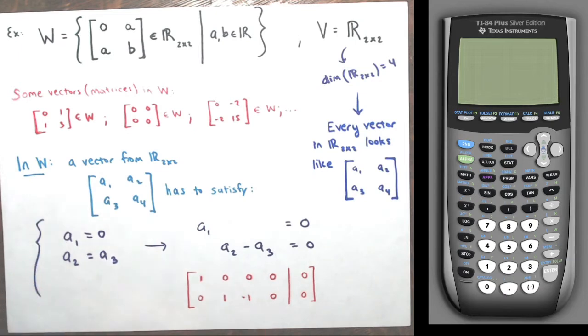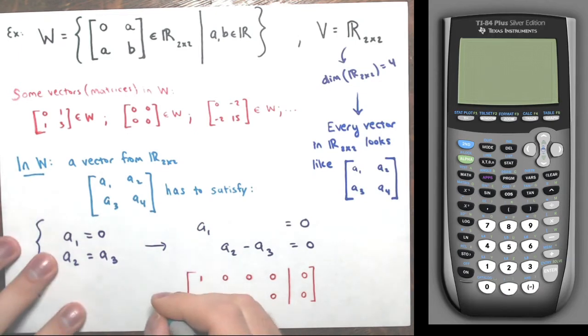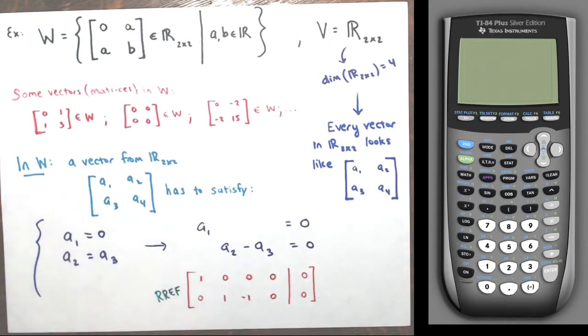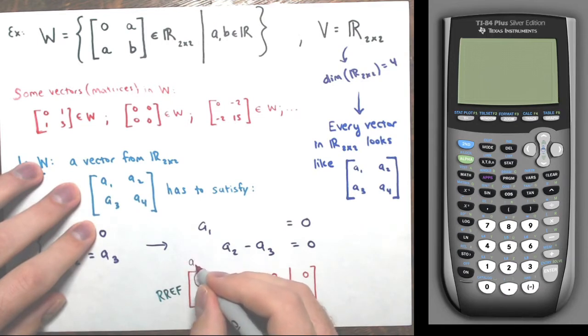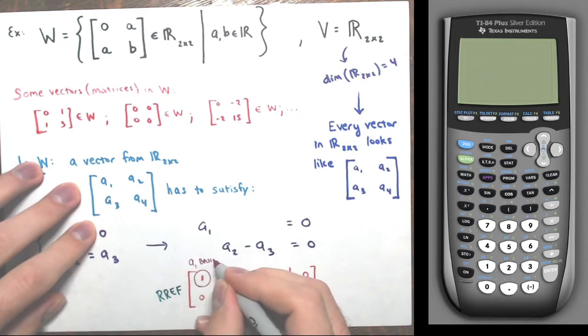And this is already, if you can recognize it, in reduced row echelon form. All right. So I'm looking for my pivot columns. Right. This is where the leading ones are. There's a pivot in this column, so A1 is basic.